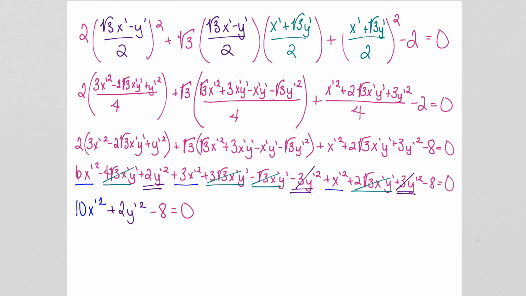And now get the 8 over. And then to simplify, or to get this in standard form, we got to get a 1 over at the right. So we're going to divide everything by 8.